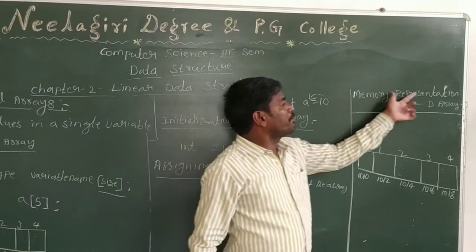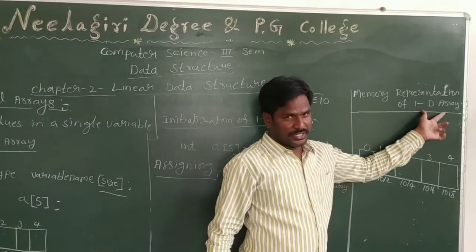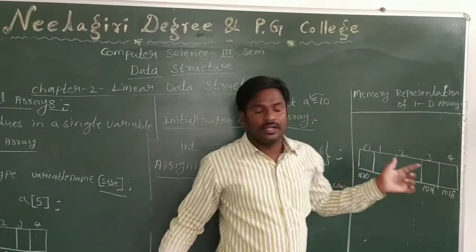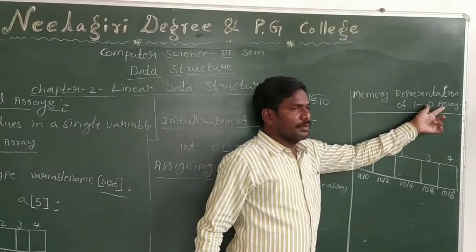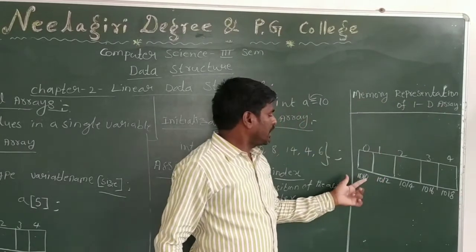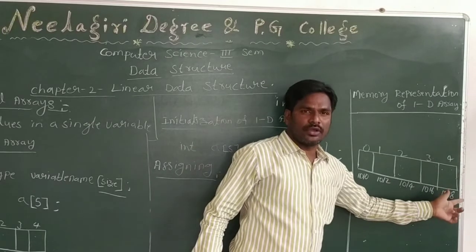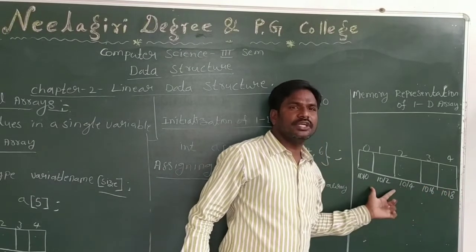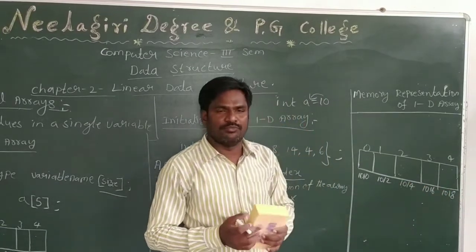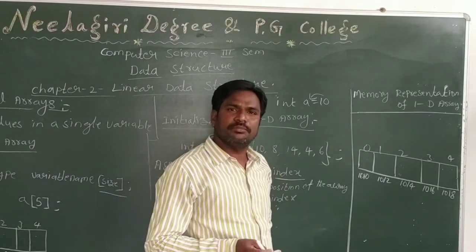Now, memory representation of a one dimensional array. So we already know that when you declare an array variable, the memory is assigned continuously. Continuous memory allocation.